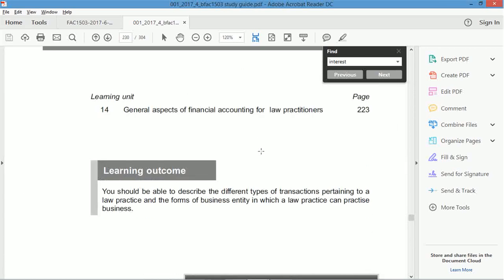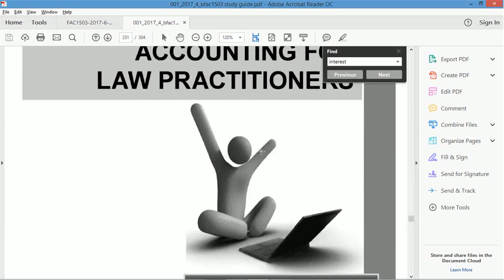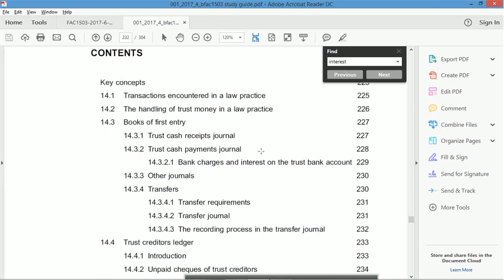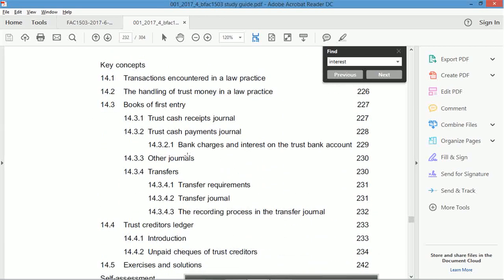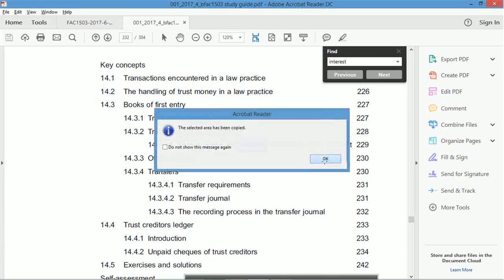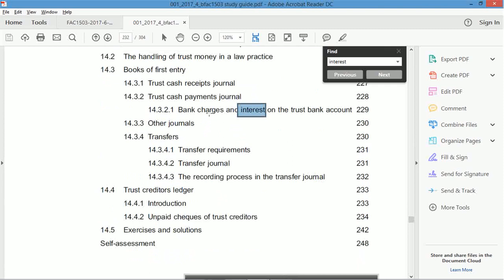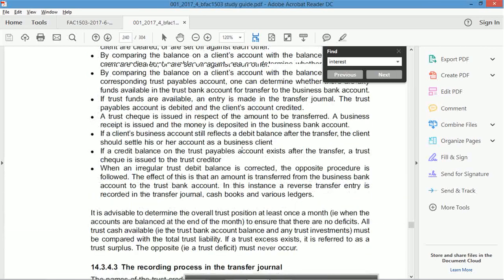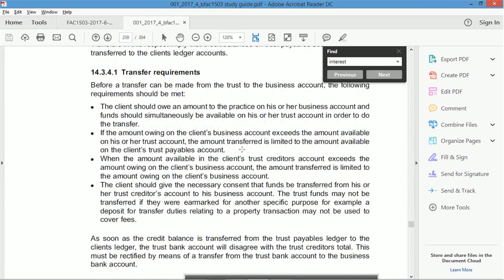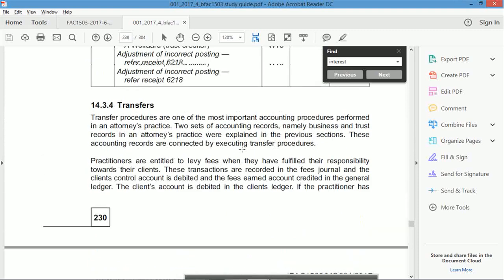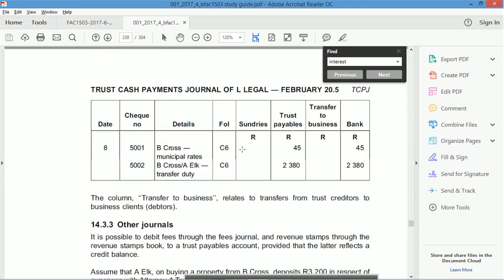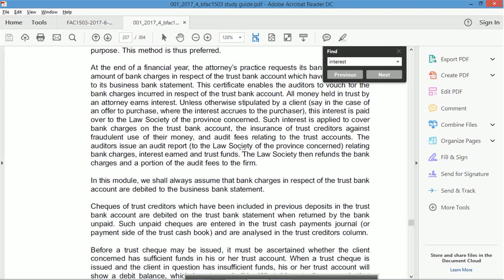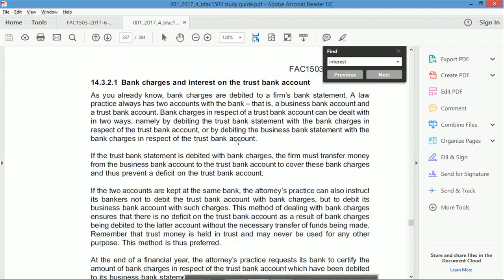So it's in this chapter. We're looking at the interest part there. Bank charges and interest. There it is. Okay, so that's page 229. Transfer journal, transfer requirements, transfers, other journals, 229. Okay, the bank charges and interest.